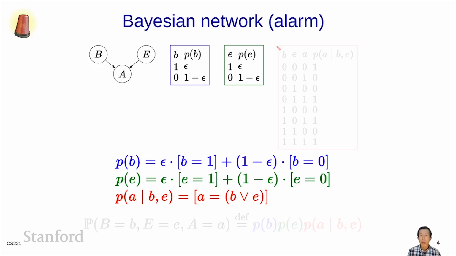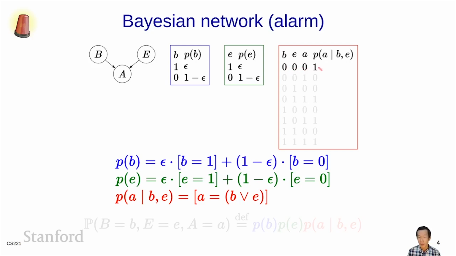I can also write this out as a table where I specify, for every possible configuration of the parents and of A itself, what is its probability. So here, if B and E are 0, does A equal 0 or 0?